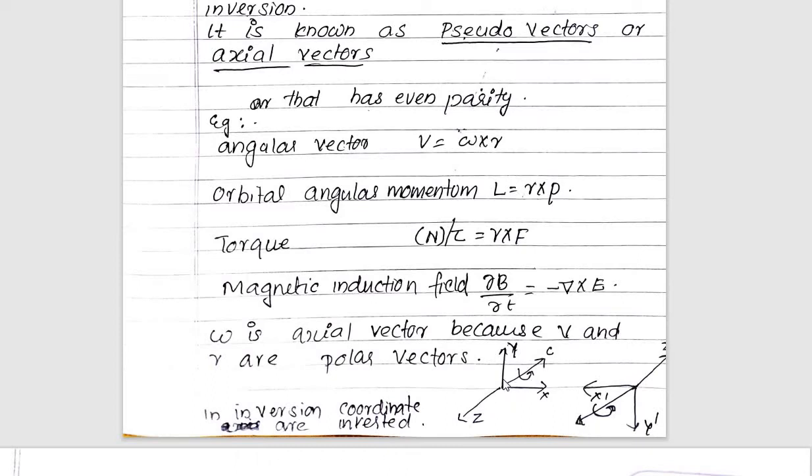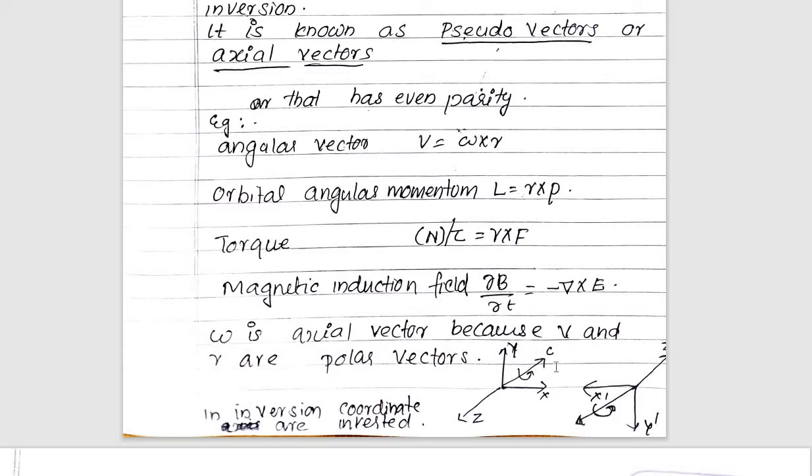We can write its transformation like this: x, y, z transforms to x dash, y dash, z dash, and the rotation changes in this direction. Normally the vector changes, but its component does not change under inversion.